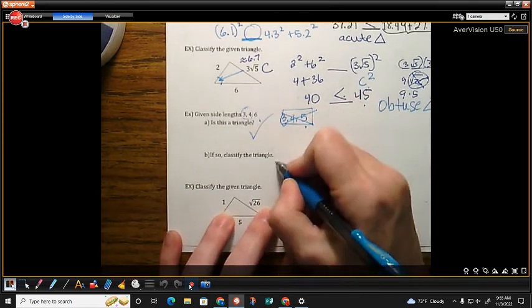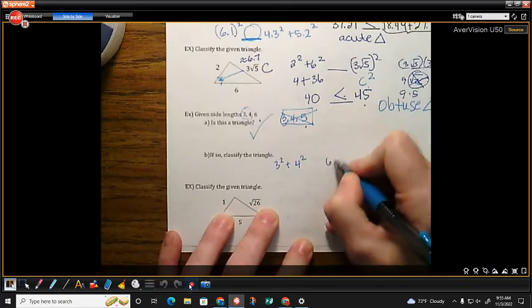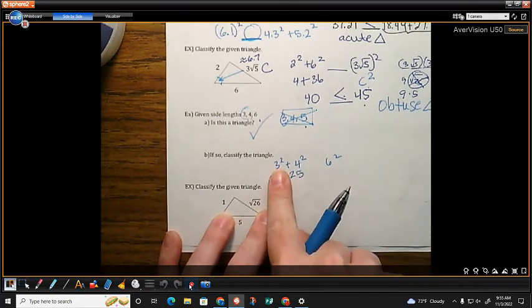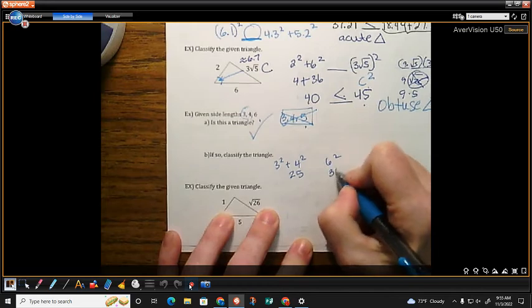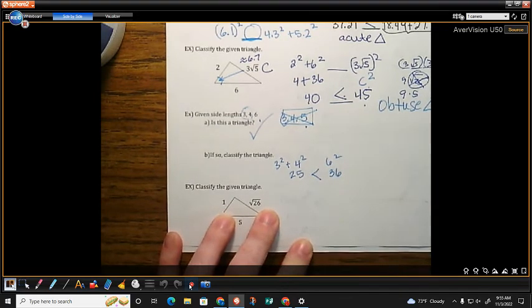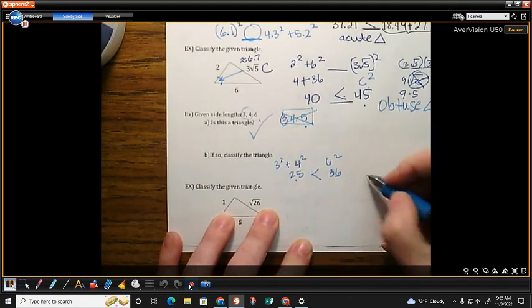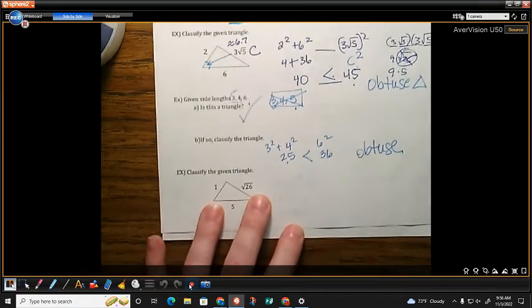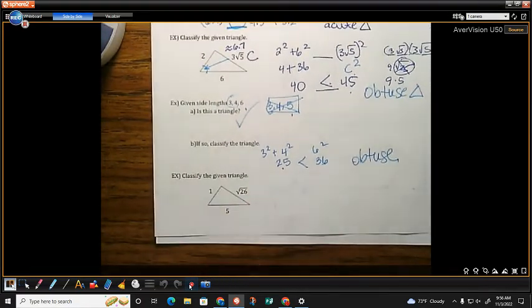Okay, let's check. 3 squared plus 4 squared and then 6 squared. It gives me 25, because I know that triple. This comes out to be 36. 36 is bigger than 25, so I know it's obtuse. Okay?